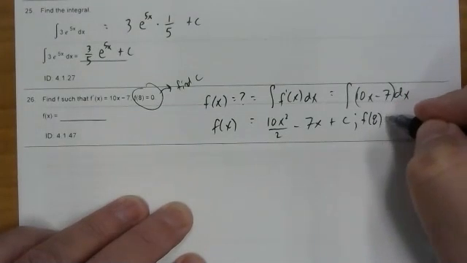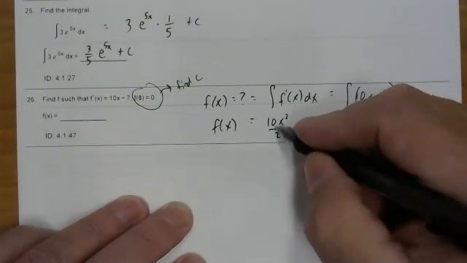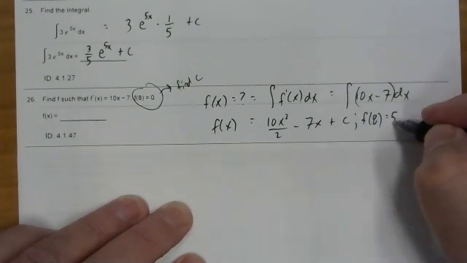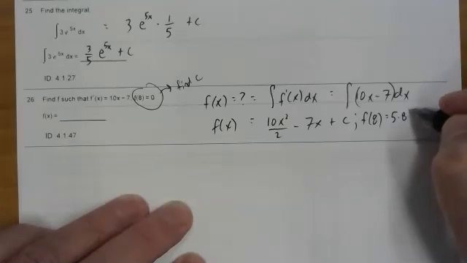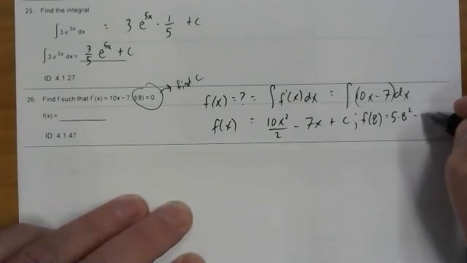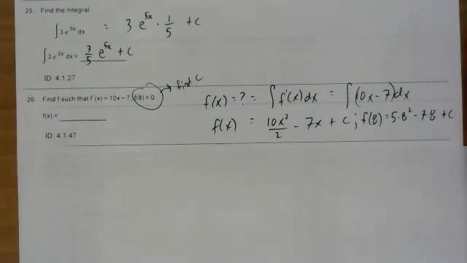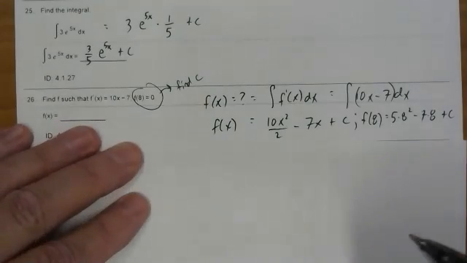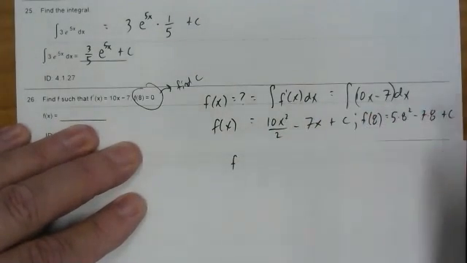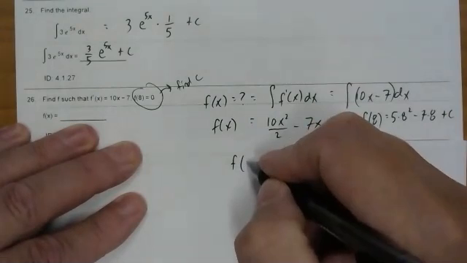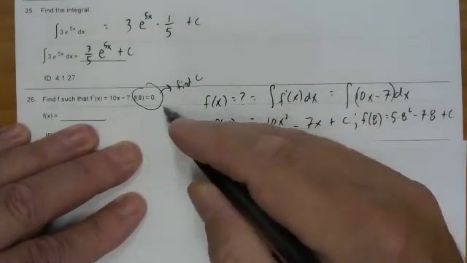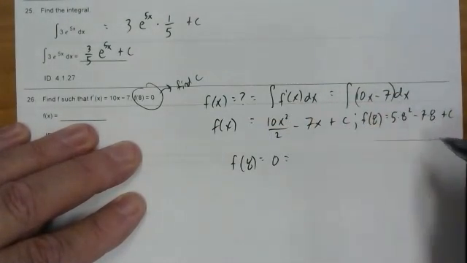I'm going to replace x with 8. This is going to be 5 times 8 squared minus 7 times 8 plus c. And this whole thing, f of 8 equals 0.